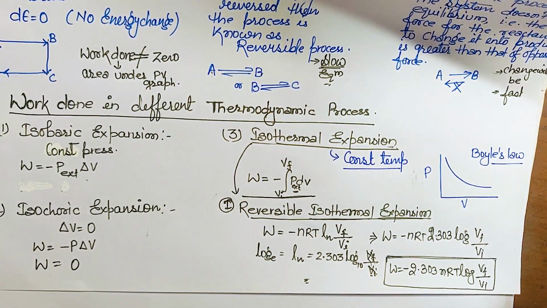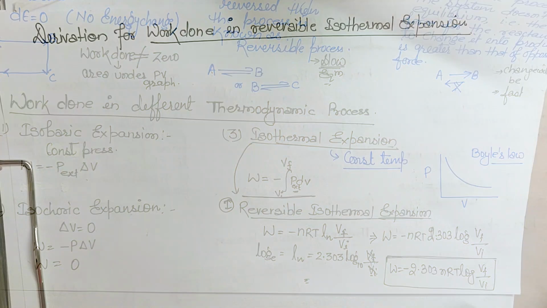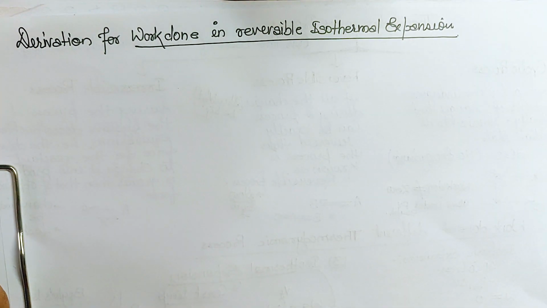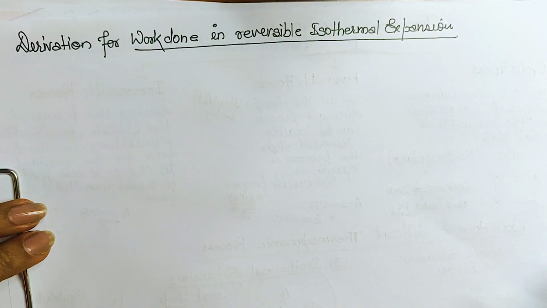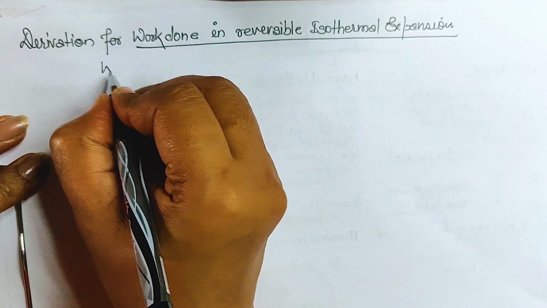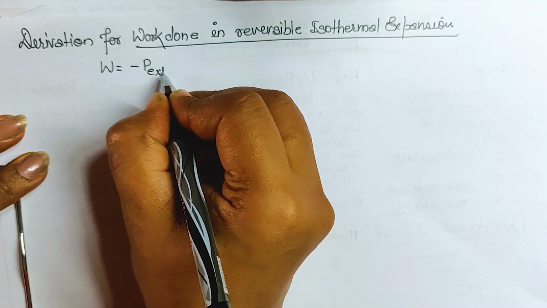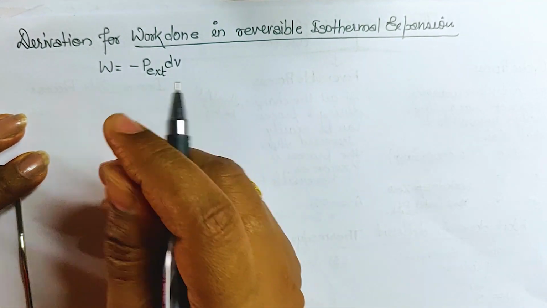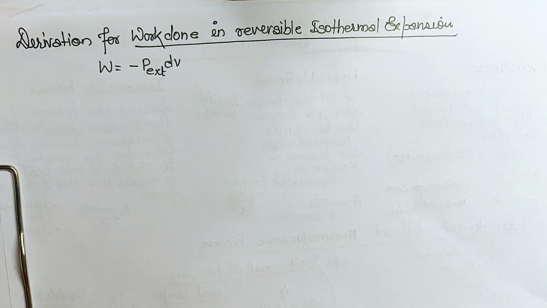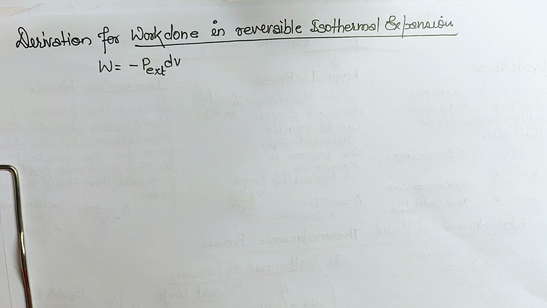So let's do the derivation. This is the derivation for work done in reversible isothermal expansion. So let's start with this. See, we have the formula W is equal to minus P external dV. Since we are assuming the work done is reversible, that means it is occurring in small steps.